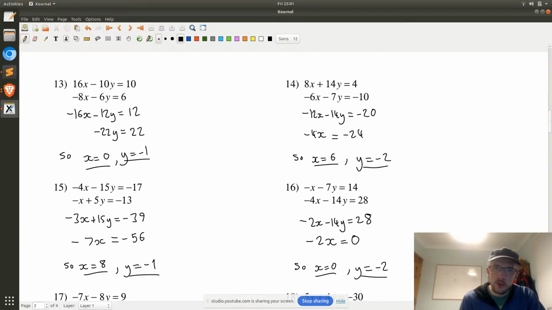Right. Negative 4x. Oh, other way. Other way. Okay. That's otherwise fine somehow.